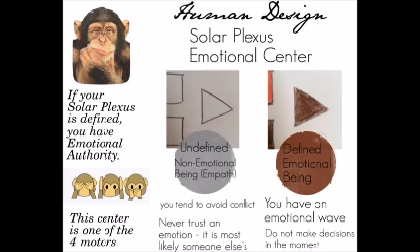If you have the solar plexus defined, it is by default your emotional authority. And even if you have other centers defined that can be authorities, this trumps them. If you have it defined, then you have an emotional wave where you will become anxious and then calm, anxious and then calm, anxious then calm.